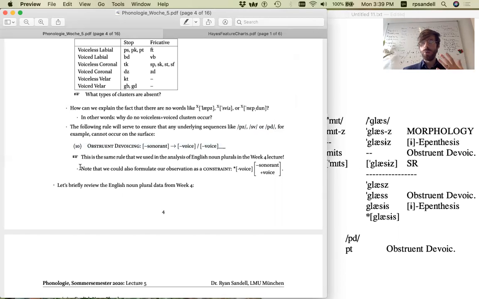And one interesting fact to keep in mind, we may have the opportunity to talk about this later in the course. We could also explain this pattern through a constraint, where here we use an asterisk to indicate patterns that are not allowed in the language. So a sequence of two sounds where we have one voiceless sound followed by a voiced obstruent is simply not allowed in English, and it somehow needs to be repaired.